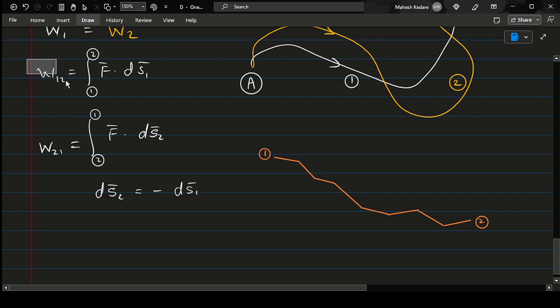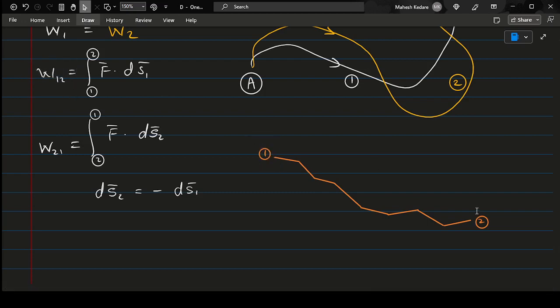In the work done in going from position 1 to position 2, the displacement ds1 bar can be shown at any particular point of the path, say here.